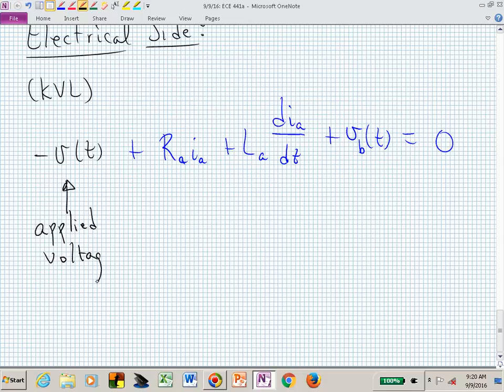I'll try to label some of these terms. That's the applied voltage. R sub A was the resistance in the armature circuit, or the armature resistance. I sub A is the current in that armature circuit, or the armature current.